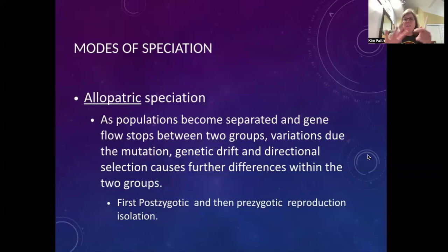There is a physical barrier, a geography difference that splits up the groups. And then due to mutation, genetic drift, directional selection, and all those other ways that populations can change by microevolution, over time, they become more and more different.